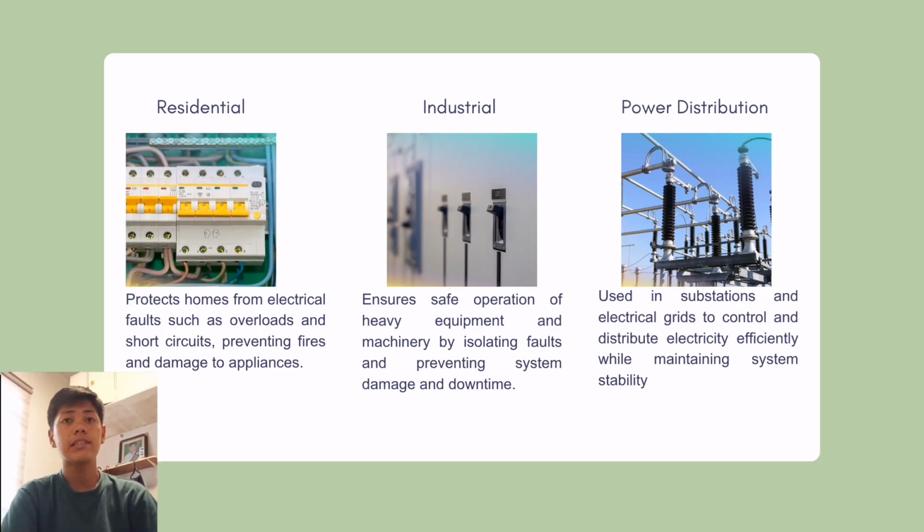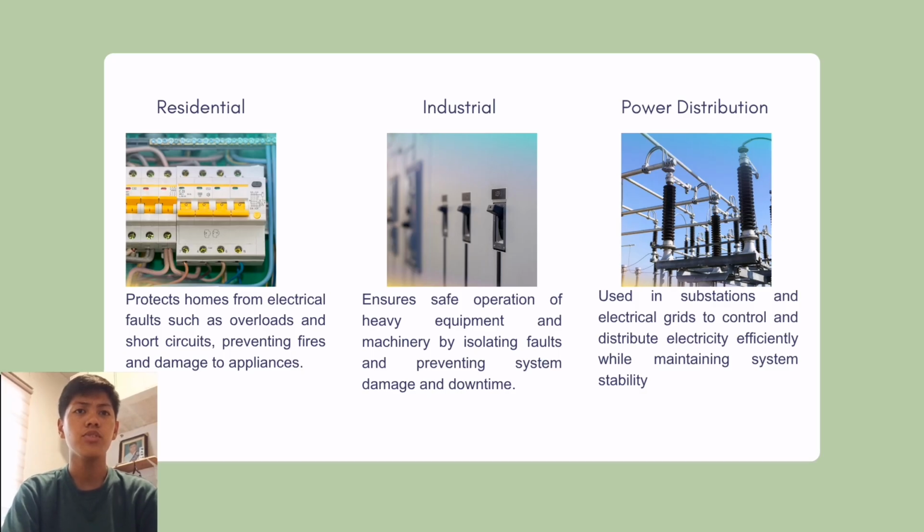The next picture is about industrial applications. The second image shows circuit breakers used in an electrical setting where multiple breaker switches are installed in a control panel. In industries, these breakers are responsible for managing and protecting heavy electrical loads such as motors, machines, and production equipment.